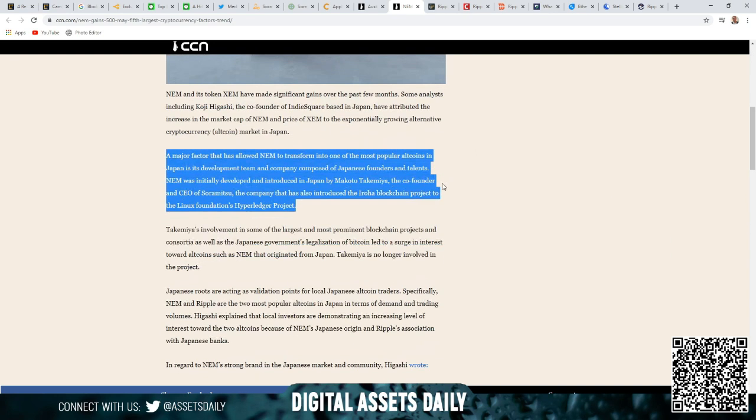But when you come here, you have a major factor that allows NEM to transform into one of the most popular altcoins in Japan: its development team and company composed of Japanese founders and talents. NEM was initially developed and introduced in Japan by Makoto Takamiya, the co-founder and CEO of Soramitsu. The company has also introduced the Iroha blockchain project to the Linux Foundation Hyperledger project.